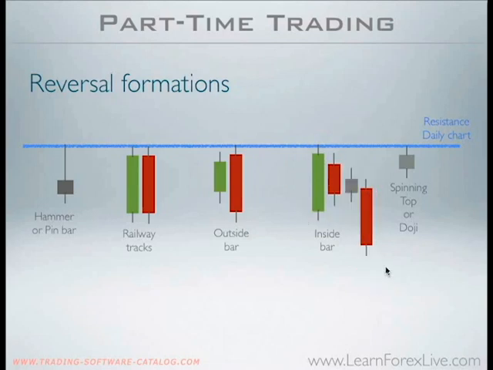Again, that happens quite often, especially with spinning tops. Do not be surprised if you see a few spinning tops in a row and then bang, the momentum bar, the actual trigger bar. There is nothing you can do about it.